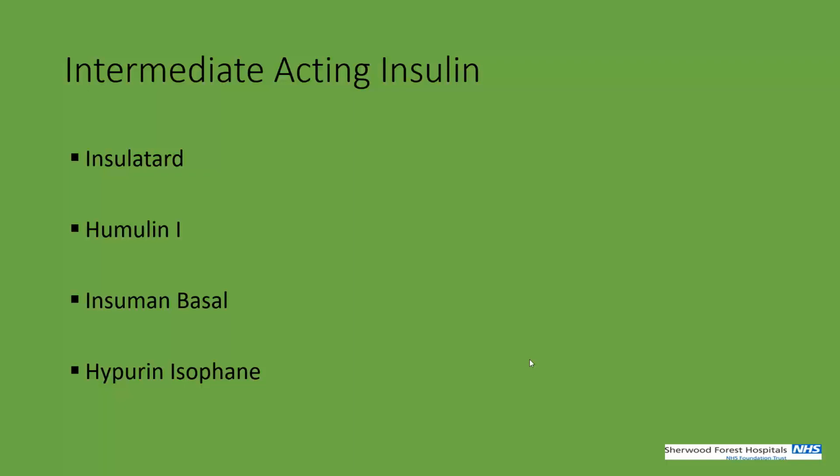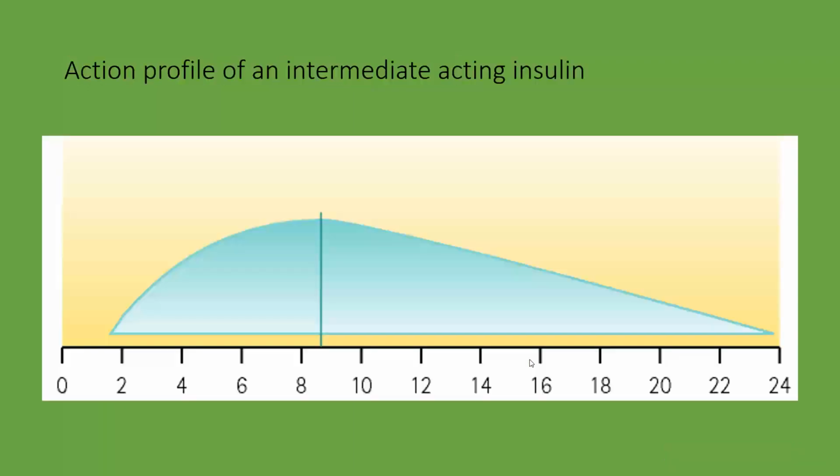They act for about 12 hours. When you inject it, it takes a long time for them to peak. Ideally, we need a peakless insulin for basal insulin. So if you need an ideal basal insulin, you shouldn't have a peak. But in these insulins, it's not a peak like a short-acting insulin, but still there is a peak.